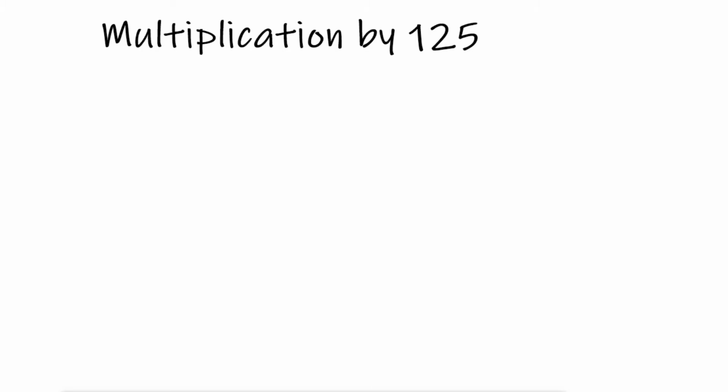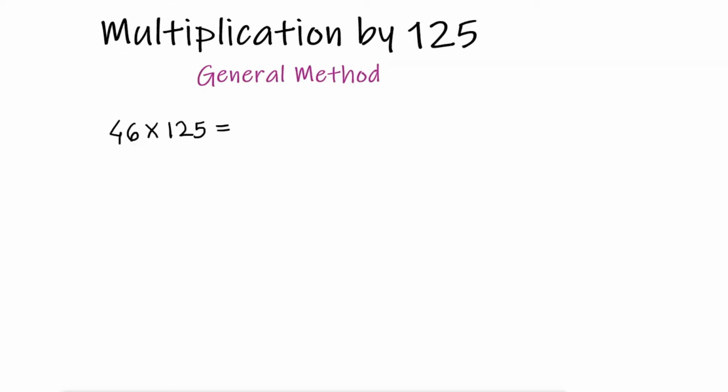Before that, let's solve the problem by using the general method. Let's take one example, 46 multiplied by 125. So by using the general method, that is the academic method, how can we solve this problem? First we will write 46 multiplied by 125.